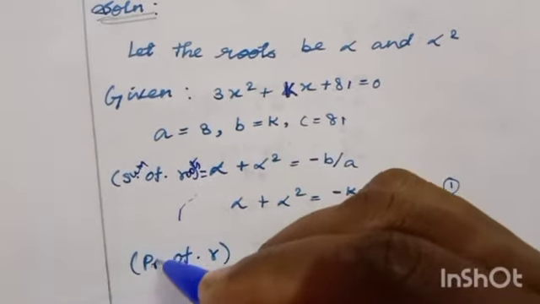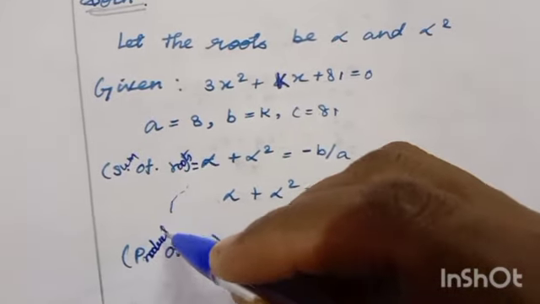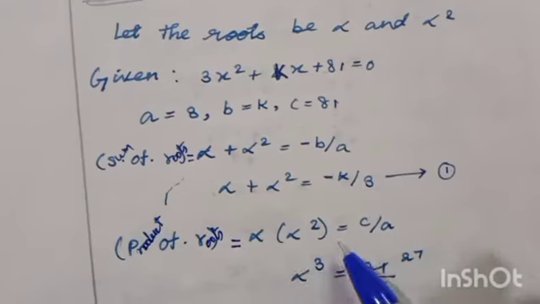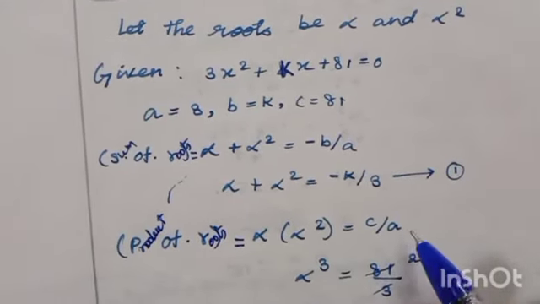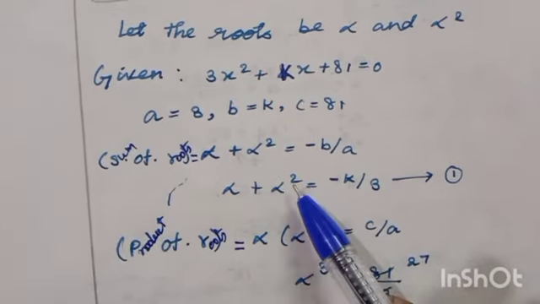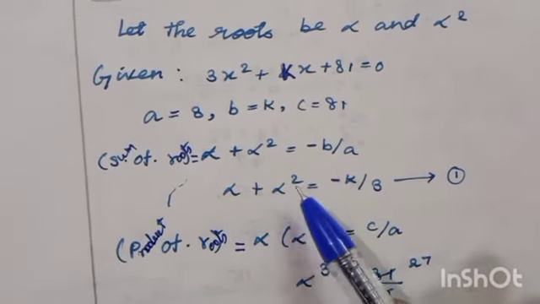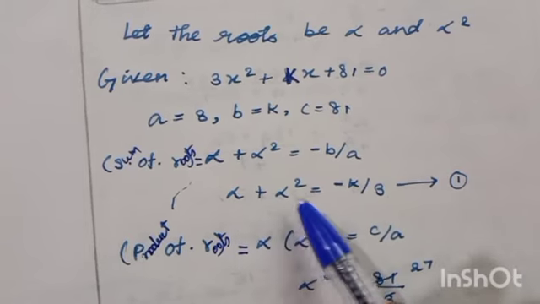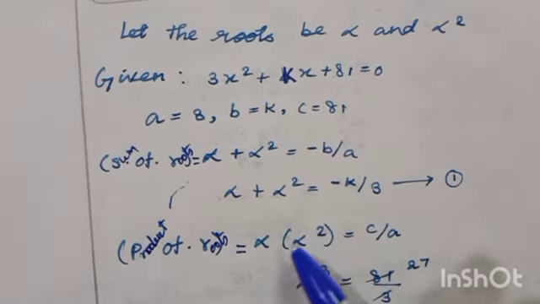Next, the product. Product of roots is equal to alpha into alpha square, is equal to c by a. Alpha into alpha square, alpha cube. These two in the sum are in addition, so you are not able to simplify them, it is written as the same alpha plus alpha square. But here these two are in a product.